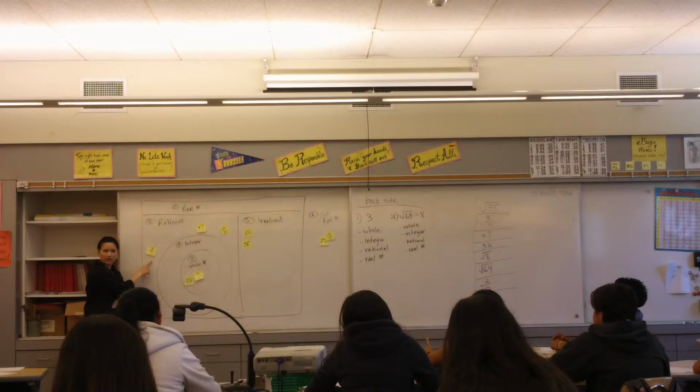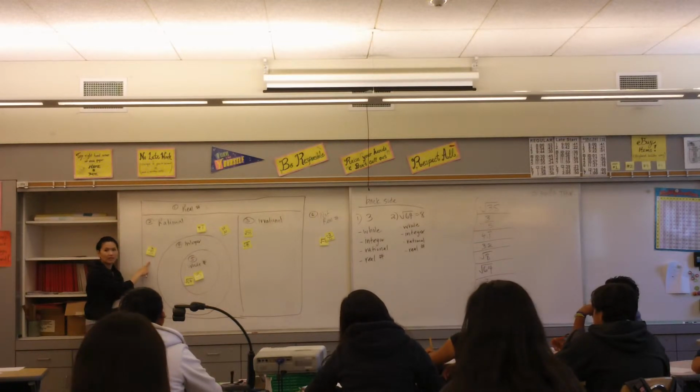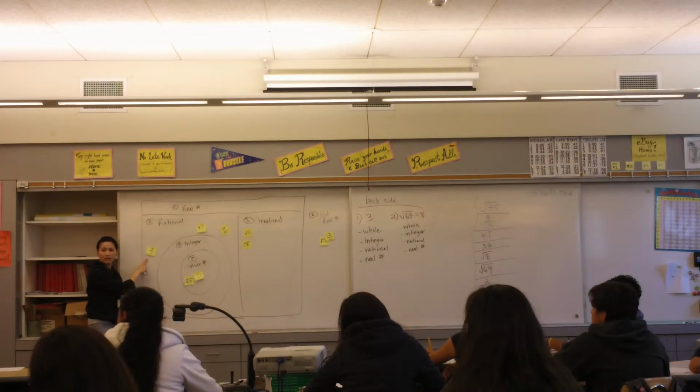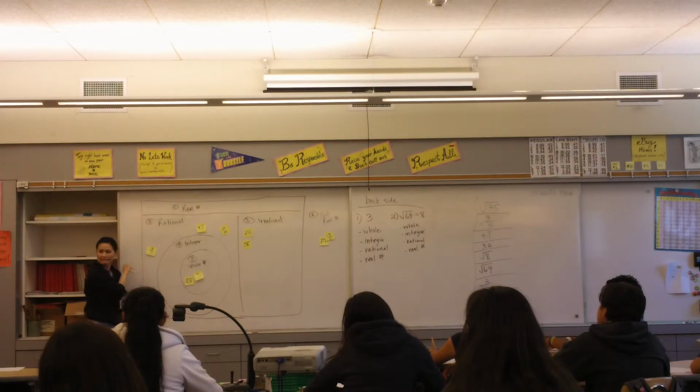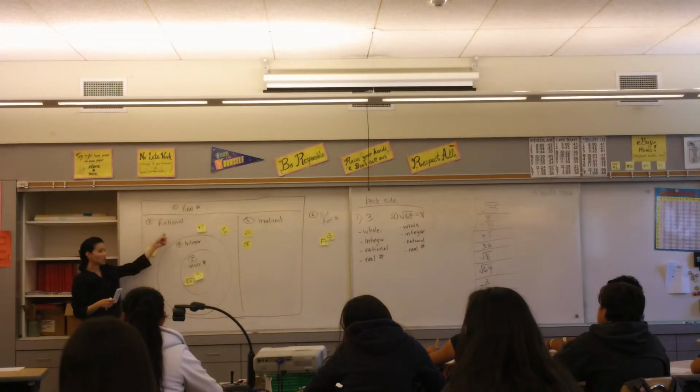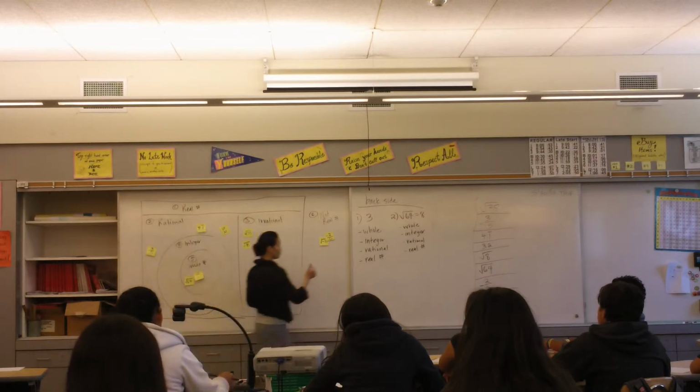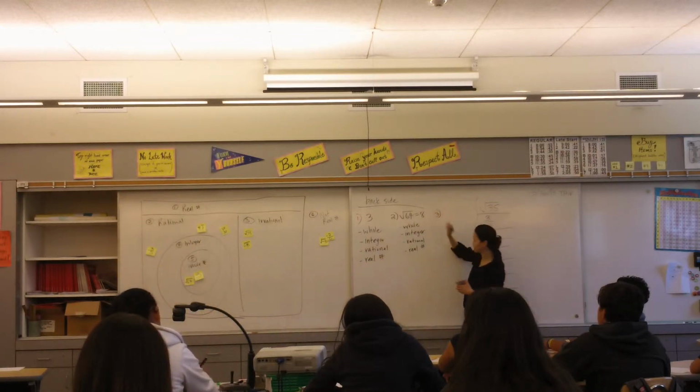Negative 3 over 5. Anyone disagree that this is not in the right spot? Who did this prompt? Please raise your hand. Good, Alex, right. Rationals are numbers that can be written as a fraction or a decimal, right? It's in the right spot. Good. So for number 3 on the back side of your paper, please write negative 3 over 5.